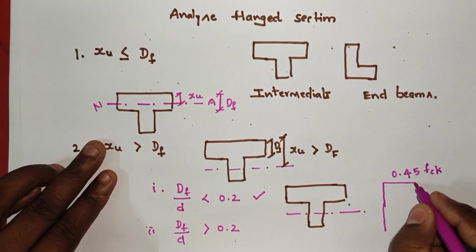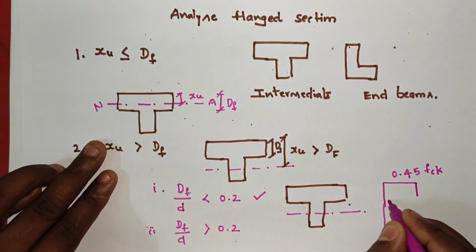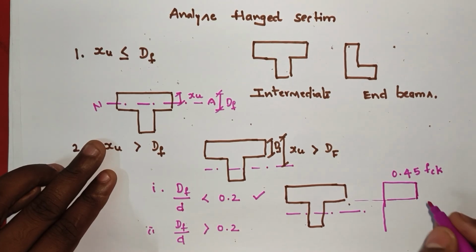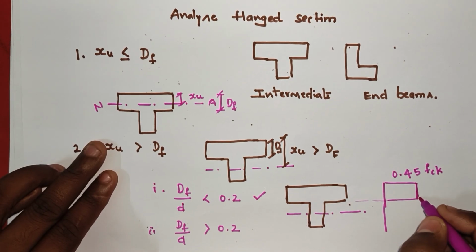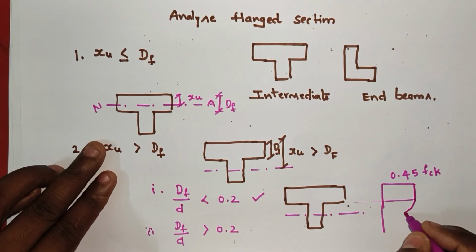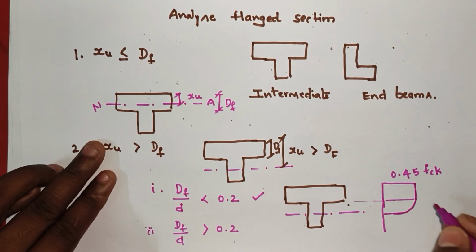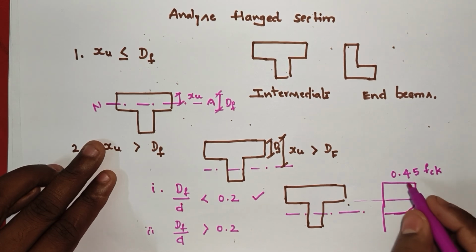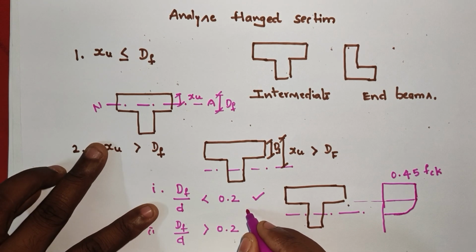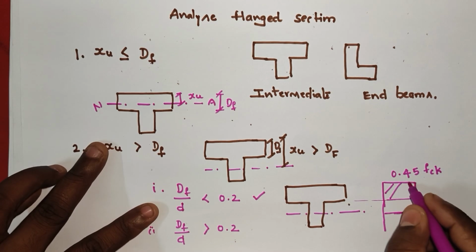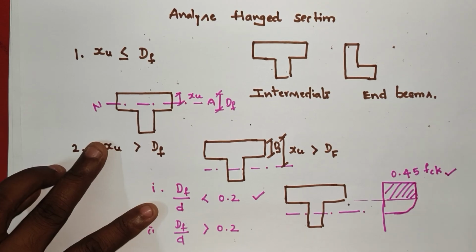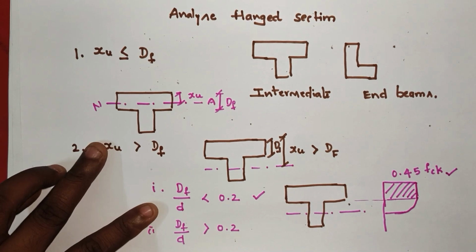This total complete flange is having the uniform compressive force of 0.45 FCK, and the remaining portion is not uniform. Then in this case, DF by small d value will be 0.2, right? The overall depth of the flange is having uniform compressive force of 0.45 FCK.